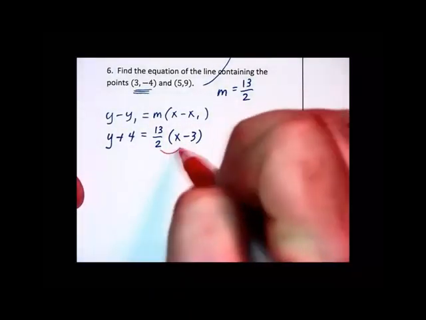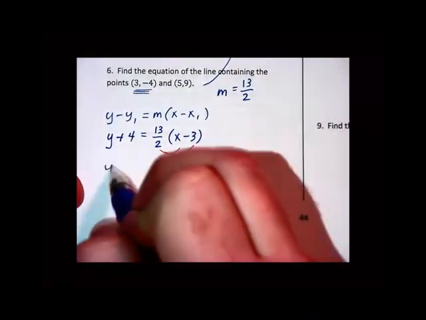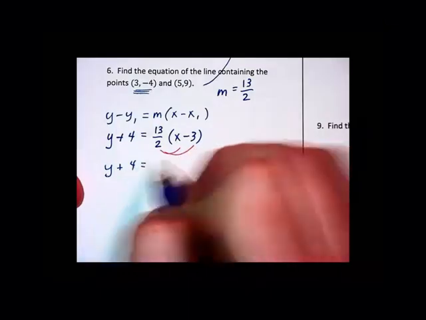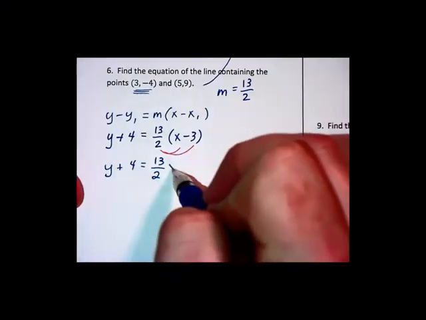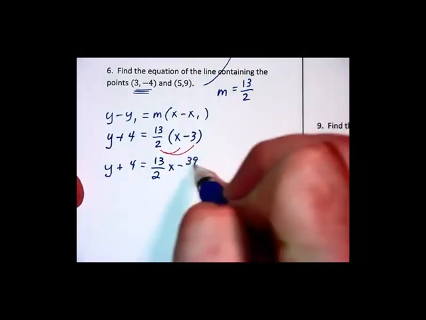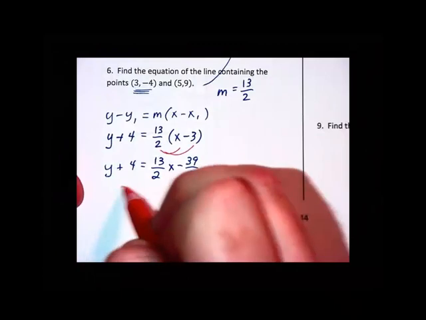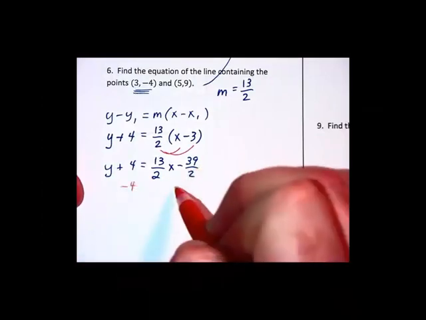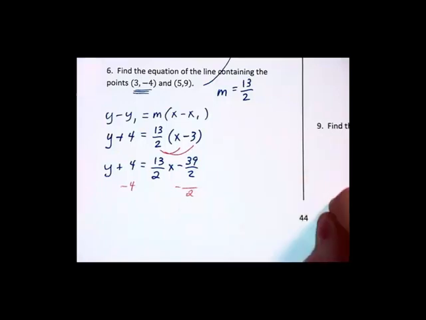If we want to convert it to slope-intercept form, which we normally want to do, we're going to begin with distribution. We're going to keep the left side the same. On the right, we're going to have 13/2 x minus 39/2. We're then going to want to subtract 4 on each side. On the right, because we're dealing with fractions, I'm going to need a common denominator of 2.